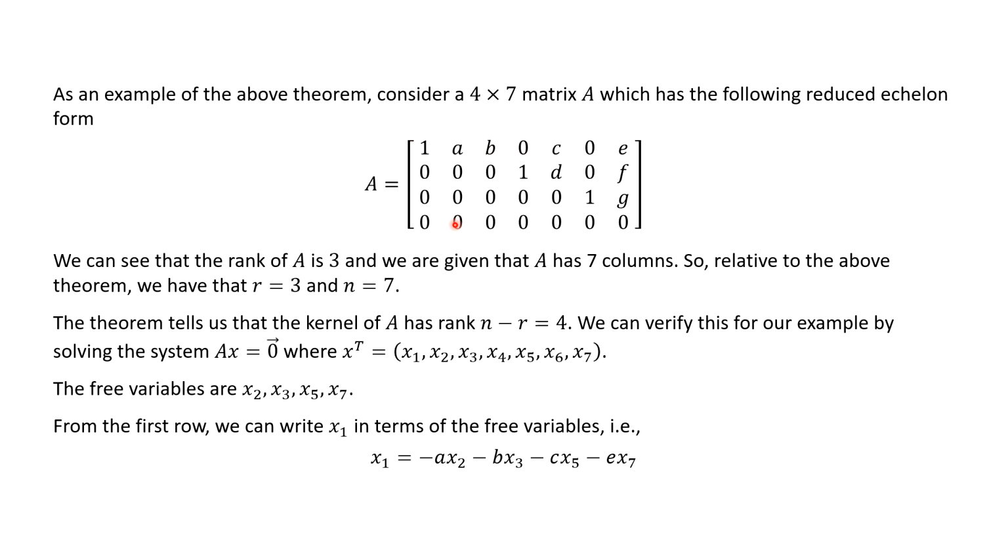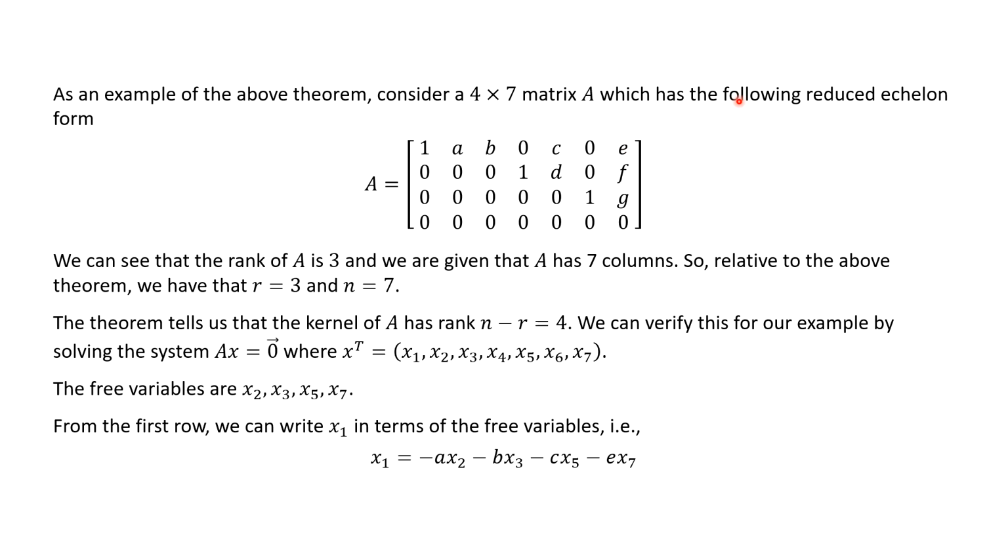You notice we have a row of zeros, which is fine. We have a leading 1 in each non-zero row, and then the other elements in a column that has a leading 1 are all zeros. You notice there's zeros here, zeros here, zeros here.